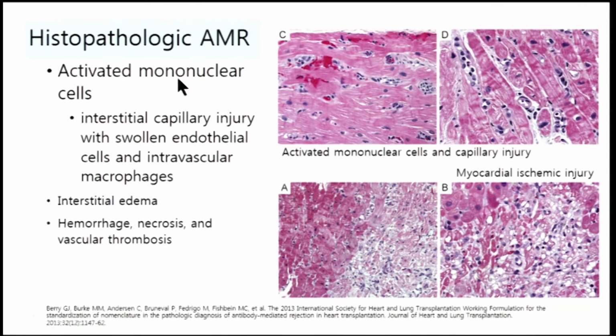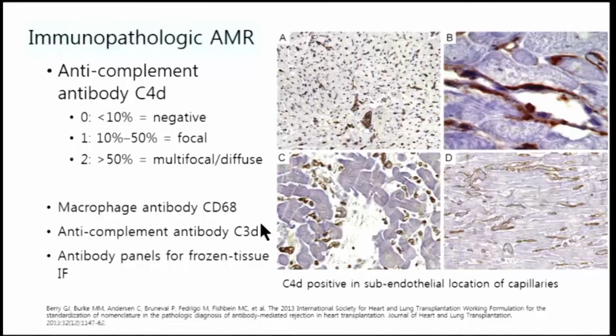Histopathologic AMR is mononuclear cells around the vessels and within the vessels. So in small capillaries and arterioles, there are lymphocytes within those areas, which can be one marker of histopathologic AMR. And interstitial edema is not easy to tell definitely, but it is described. And also, hemorrhagic necrosis and vascular thrombosis are a very advanced stage, so it's already too late to diagnose AMR.